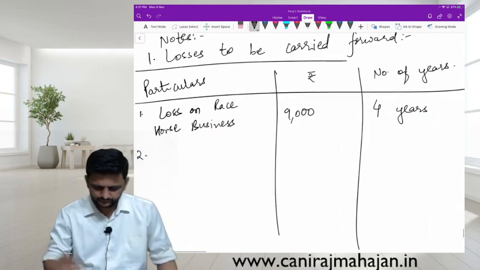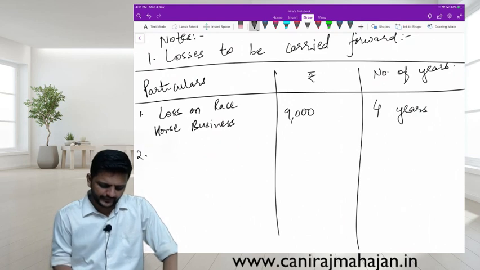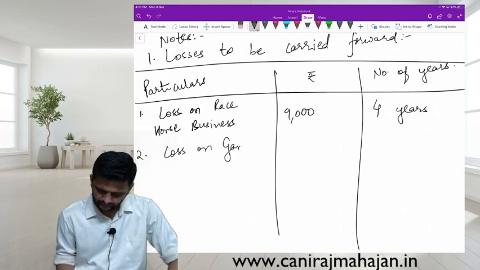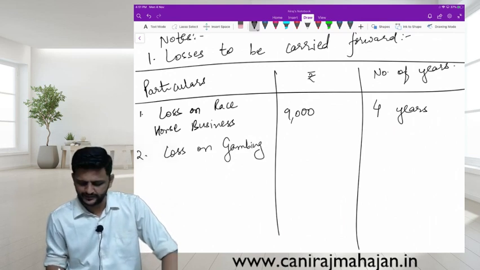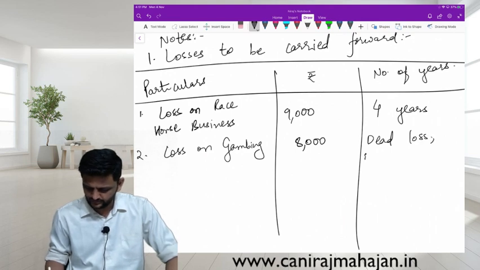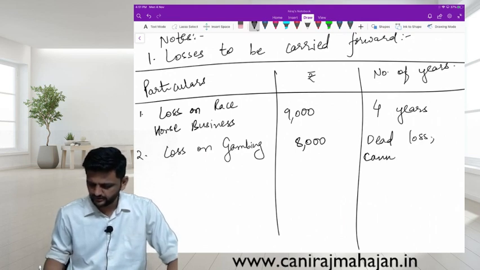Second, loss on gambling, 8,000. It is a dead loss and cannot be carried forward.